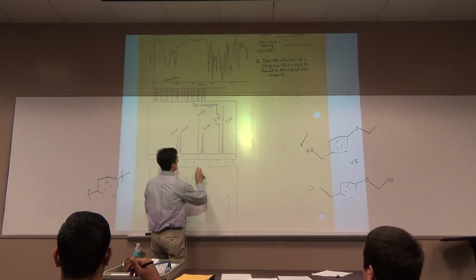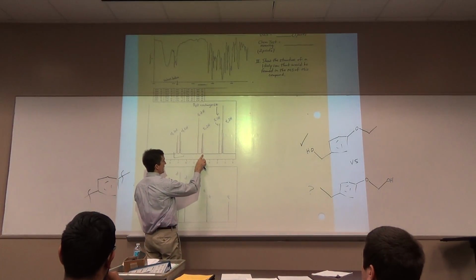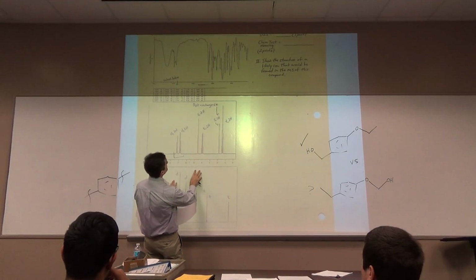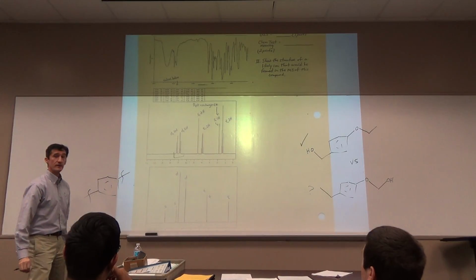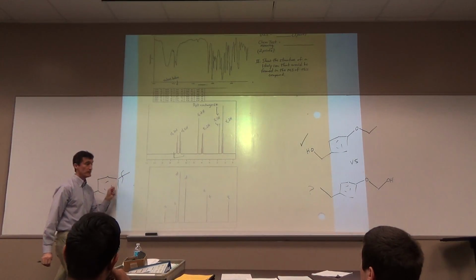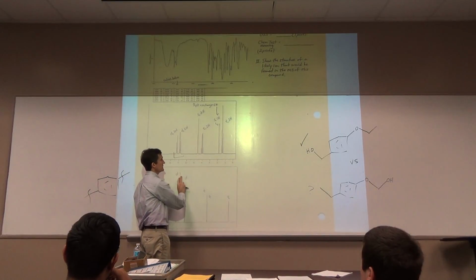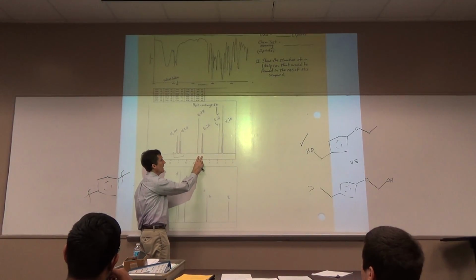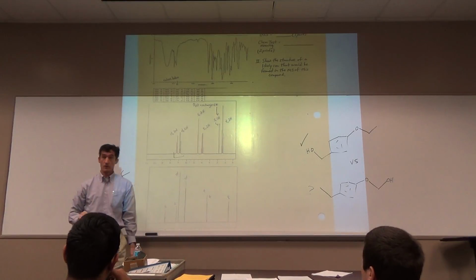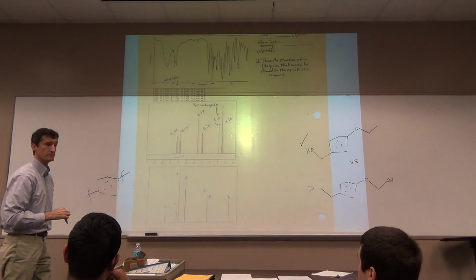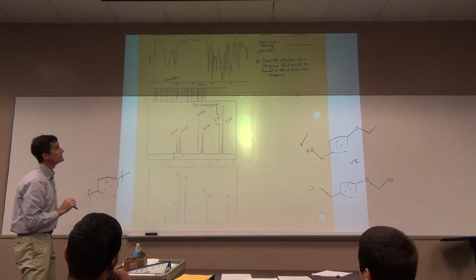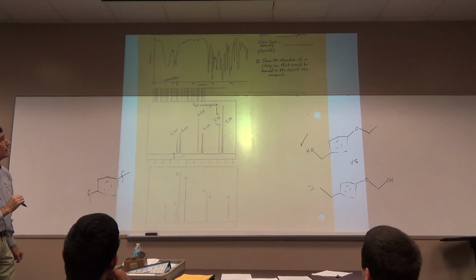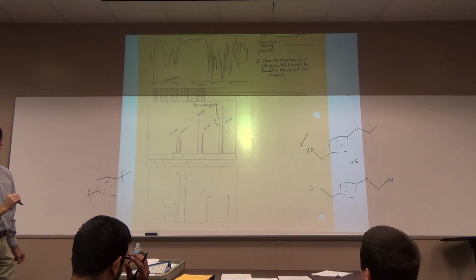Look down here. We got peaks at 4 to 5. How many DUs do we have? Do we get the formula? Yeah. How many DUs? 4. Well, they can't be a double bond because here's your 4 DUs. So these are not alkene. Alkene would be more like 5 to 6 anyway. So these are saturated CHs. But the fact that they're at 4 or beyond tells us what about these carbons? Probably bonded to oxygen. Do we have a formula? Yes. Is there any other heteroatom in this compound?